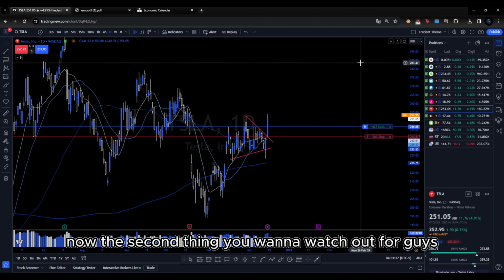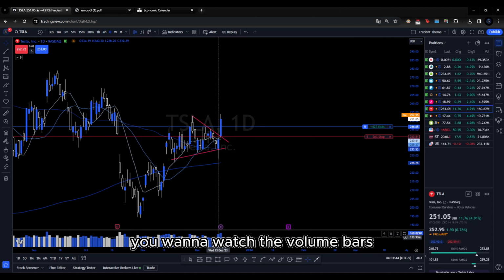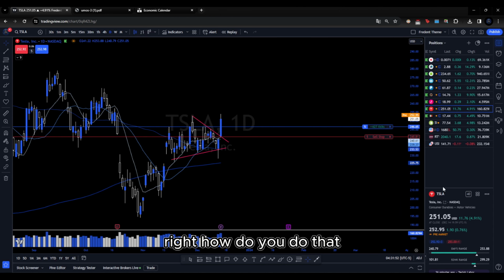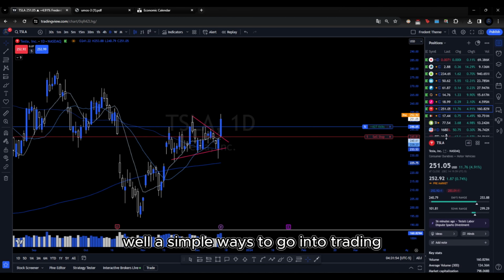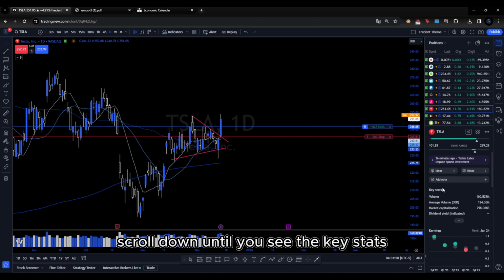Now, the second thing you want to watch out for, guys, is volume, right? You want to watch the volume bars, you want to see relatively large volume, twice as much as normal, right? How do you do that? Well, a simple way is to go into TradingView, go into the right side here, scroll down until you see the key stats.